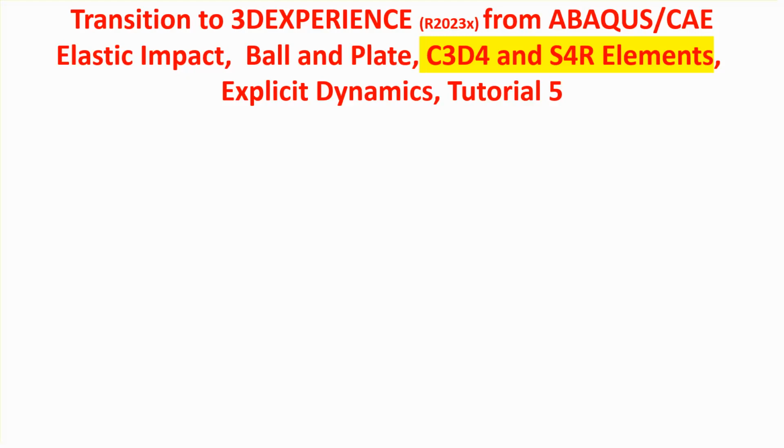Hi folks, this is video tutorial number 5, which is intended for people who are transitioning from the ABAQUS CAE to the 3D Experience platform. It is very similar to tutorial 1 where I took a steel plate and smashed it against an aluminum tube.